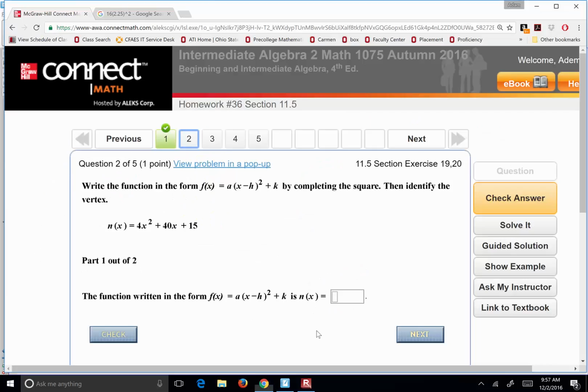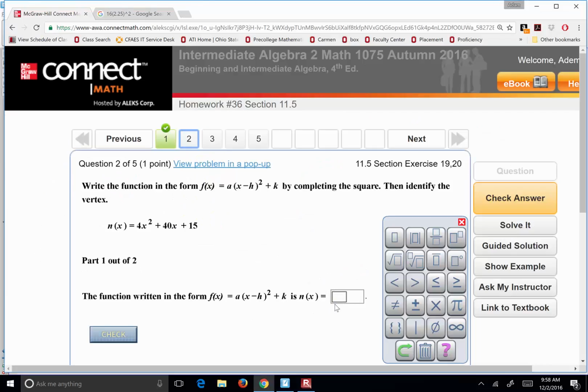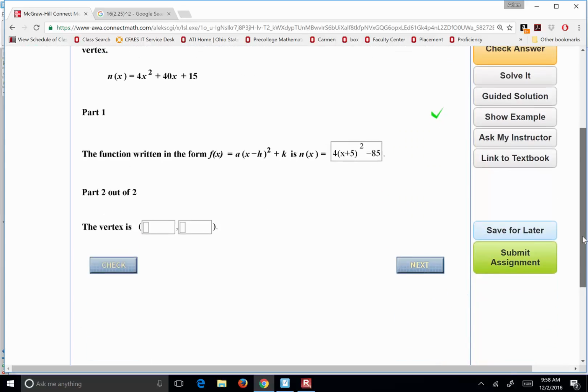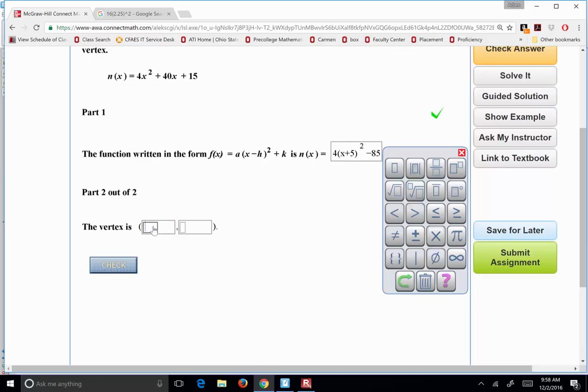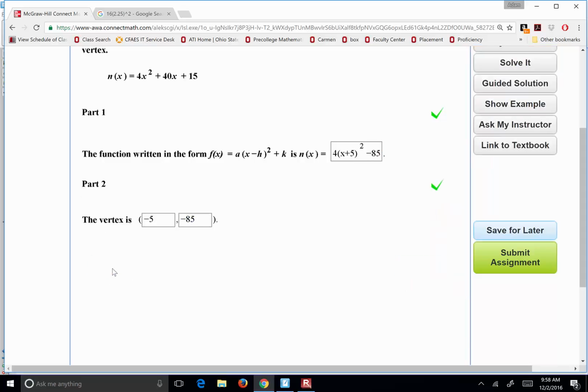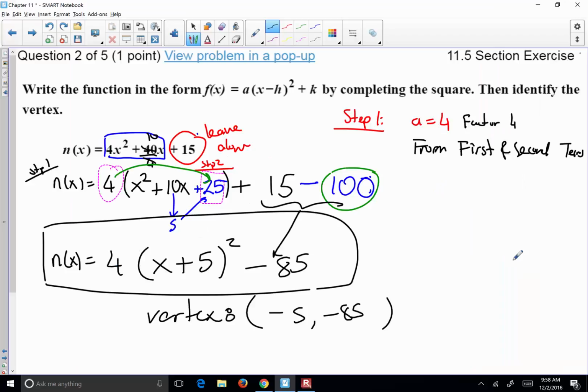Alright, let's put this in here. 4 times (x plus 5) squared minus 85. Check. Need to read the vertex. -5, -85. Check. Alright, good. We passed the hard part.